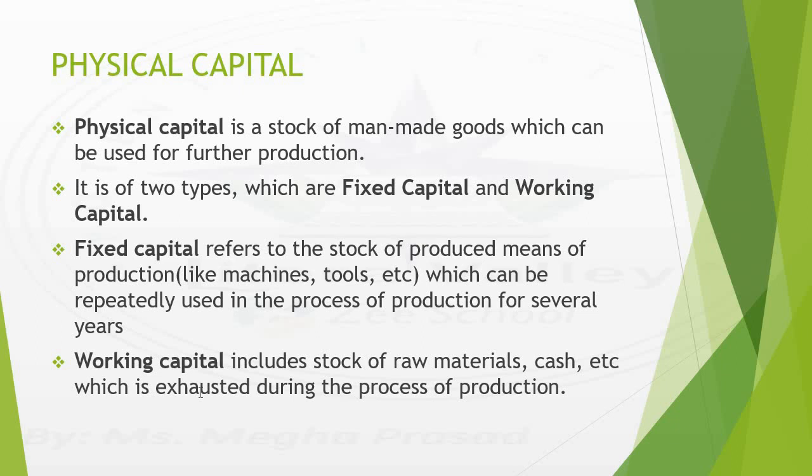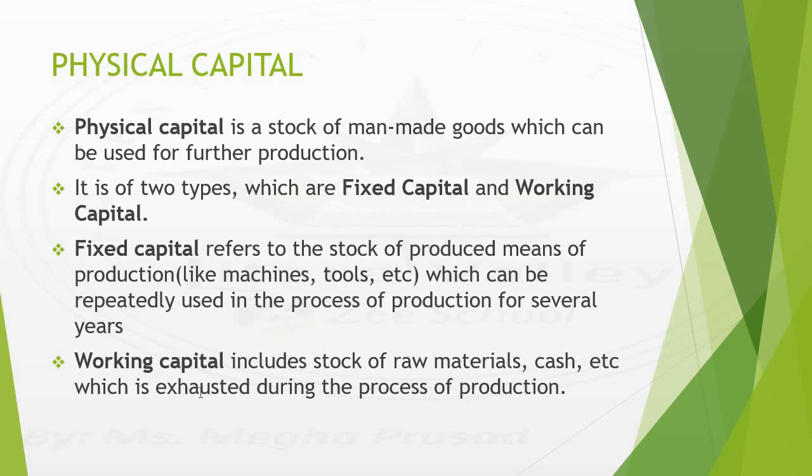Now, working capital is something which is repeatedly required in order to keep this process of production going. For example, if there is a juice factory, the machines that are used for the extraction of juice, that can be called a fixed capital.